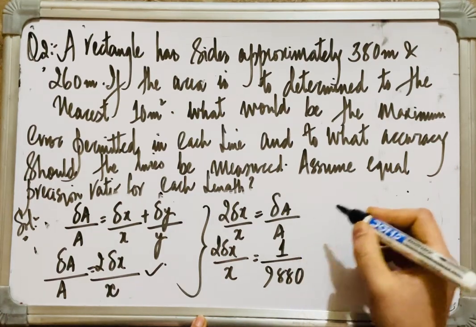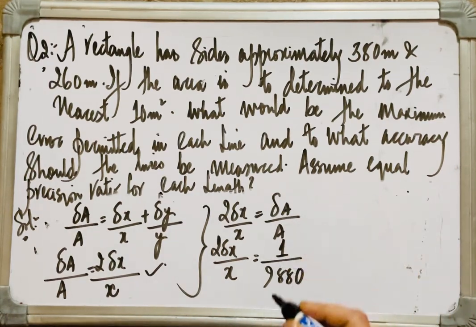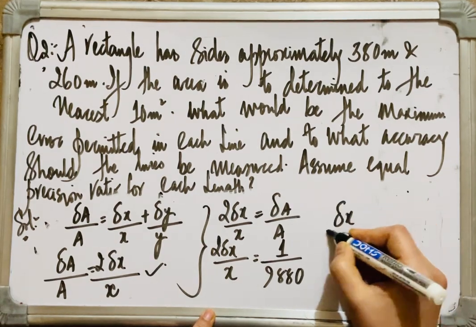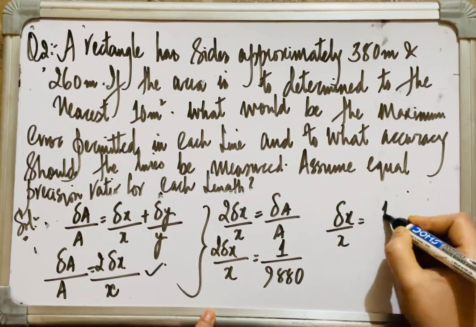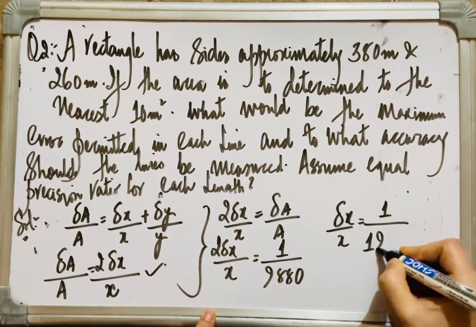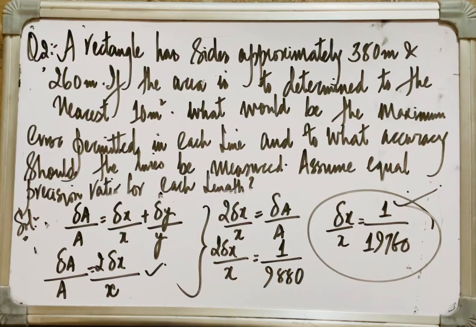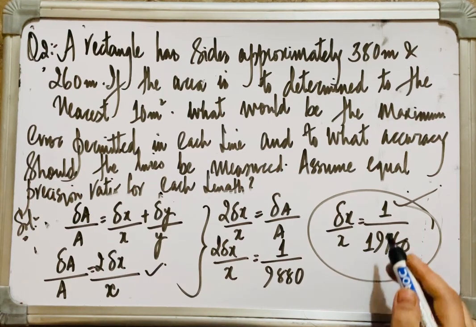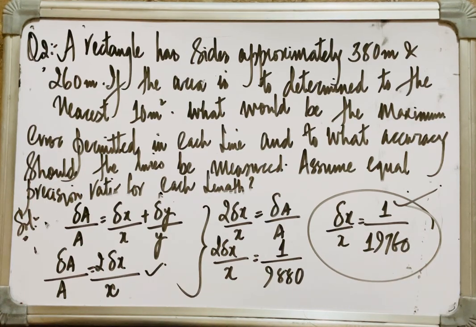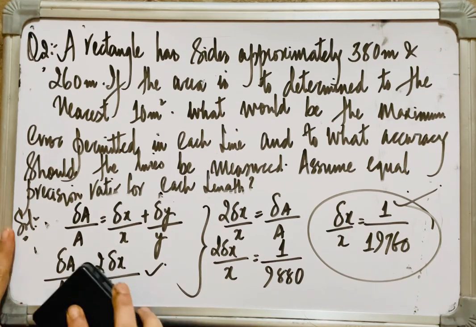We already calculated precision ratio in area. That means our delta x by x is equal to half of that. Hence, precision ratio of each line is 1 by 19760. I may write it down.